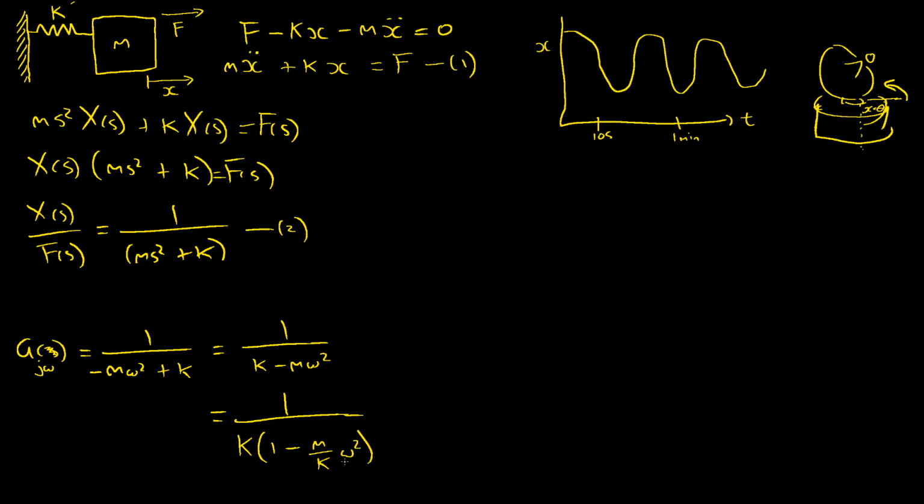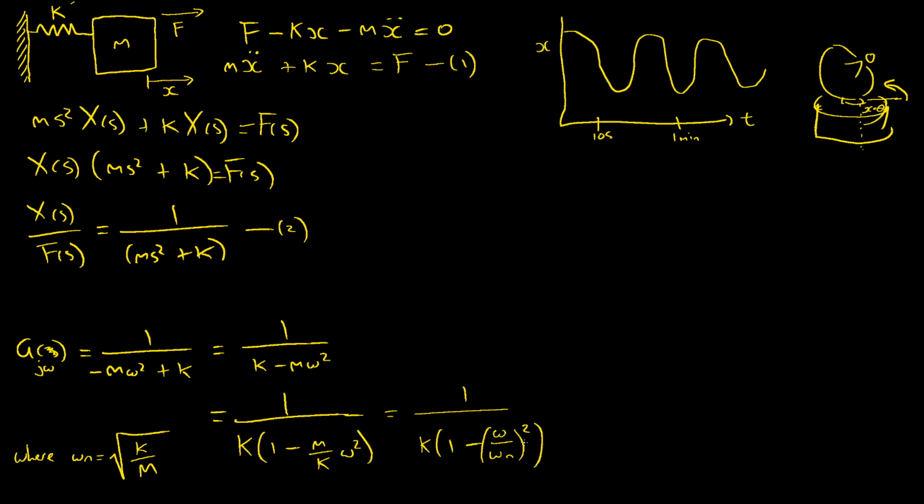And if we collect everything in this square term, what we can actually get is 1 on k, times 1 minus omega over omega n squared, where omega n is equal to the square root of k on m. And you can see if we take the square root of this here and we square it and then pull it underneath, it's obviously going to flip these two, and that's where this comes from.